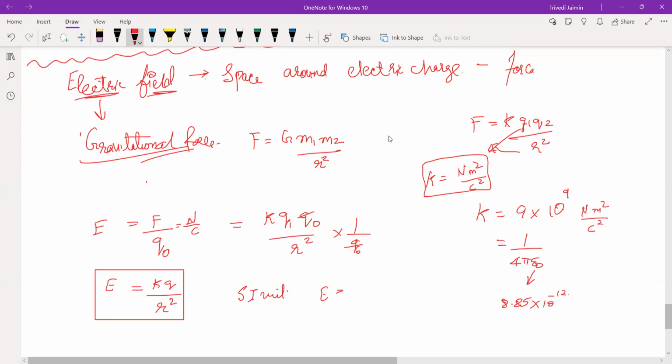That is the dimension of K. And if we go from here, we get the same thing. This is Newton meter square per Coulomb square into Coulomb, so Coulomb gets cancelled. Here the denominator has meter square, so meter square gets cancelled. So the dimension of this is Newton per Coulomb.